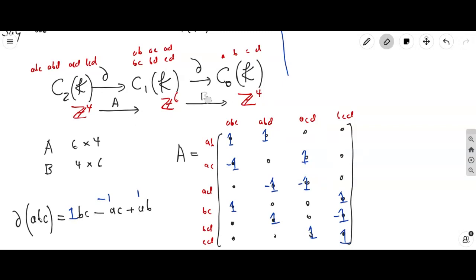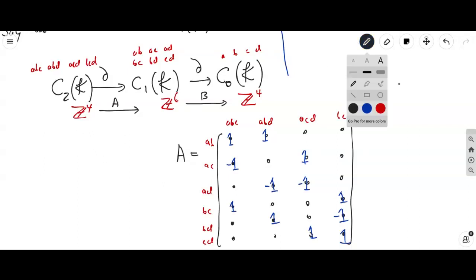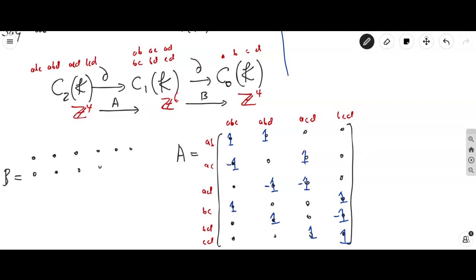And then you have a matrix B over here. Let's write over here the matrix B. So this is 4 by 6. So this is 1, 2, 3, 4, 5, 6, and you have 4 of these.